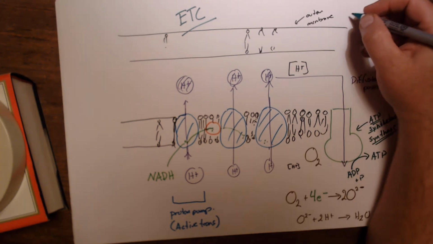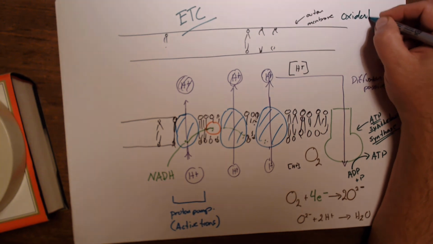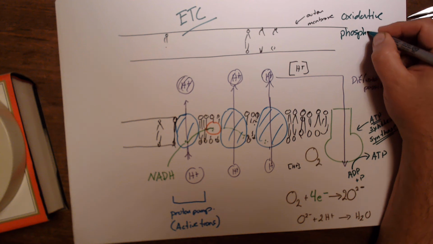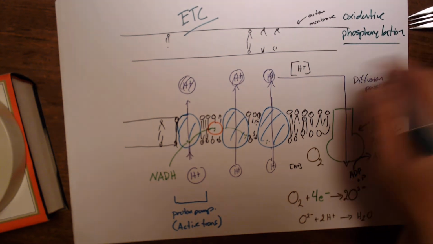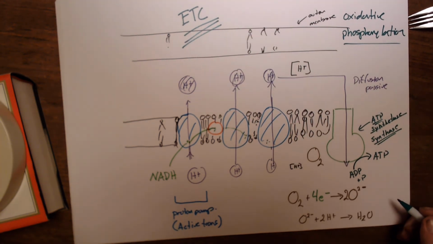This process is sometimes called oxidative phosphorylation. That's a fancy name for this whole process, which is just the electron transport chain of the respiration cycle.